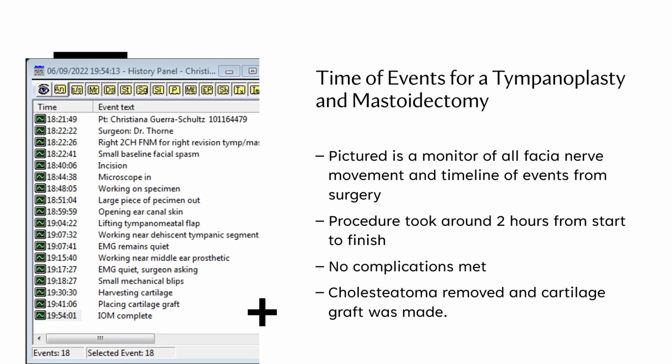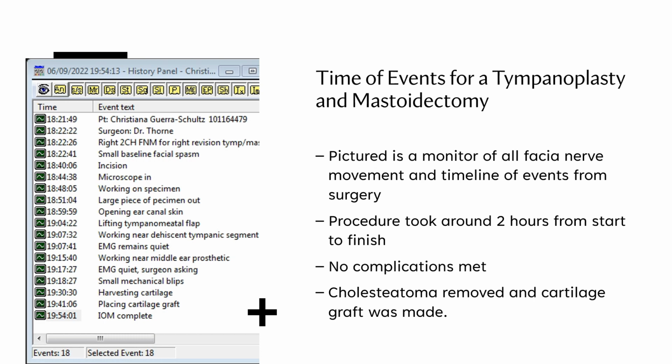Events for a tympanoplasty and mastoidectomy. Pictured is the monitor of all facial nerve movement and the timeline of events from surgery. The procedure took around 2 hours from start to finish. There were no complications, and the cholesteatoma was removed and a cartilage graft was made.